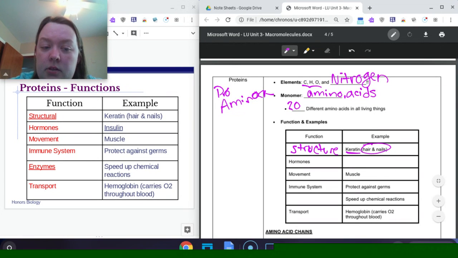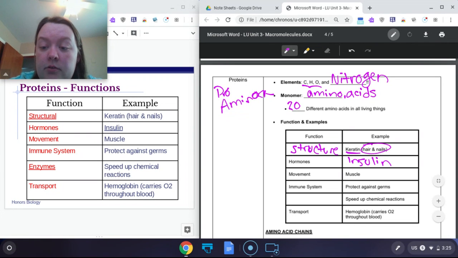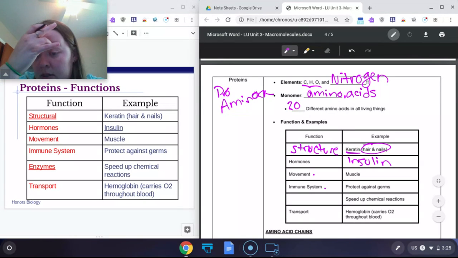Hormones like insulin are also proteins. In our muscles, proteins are used for movement. They have a big role in our immune system to help protect us against germs.